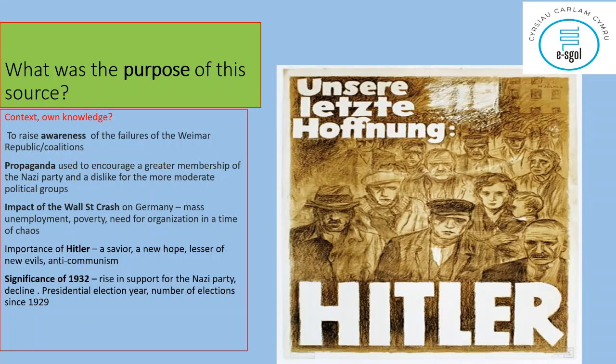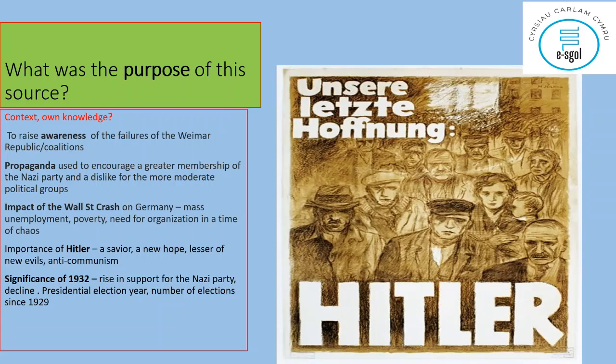The purpose is to remind people of the impact of the Wall Street crash on Germany. To bring about organisation. Maybe it's trying to show Hitler as a saviour, a new hope, the lesser of two evils. A saviour, somebody who can return Germany to its glories. Maybe the significance of 32 is important.